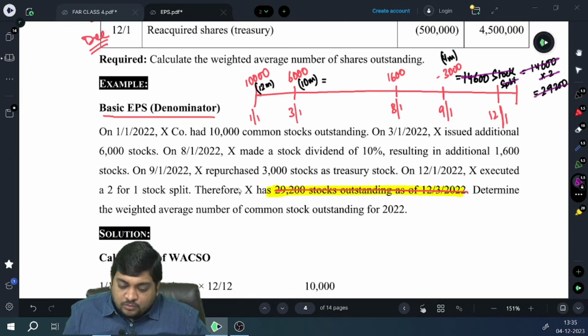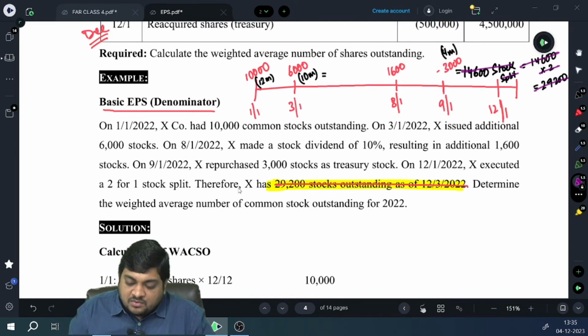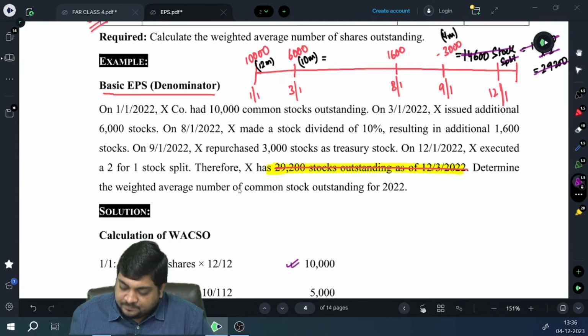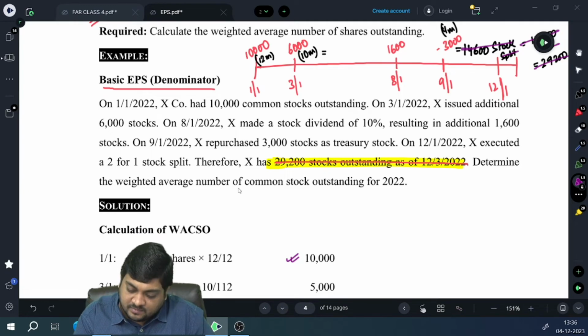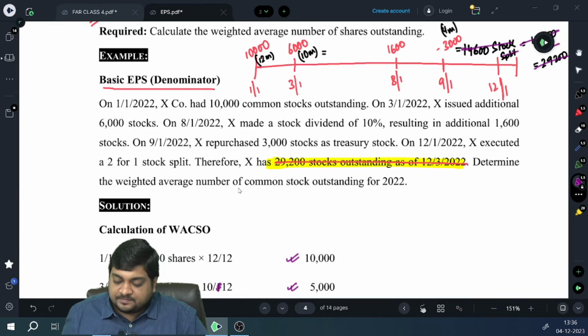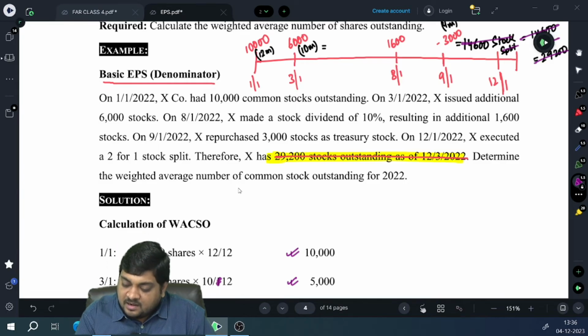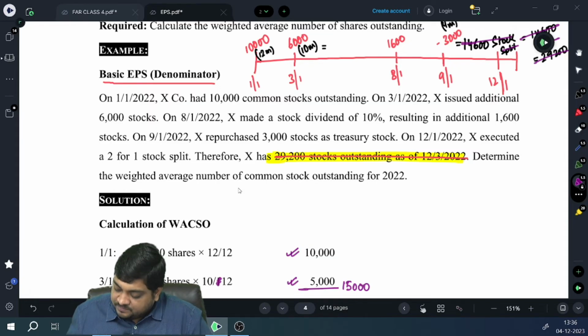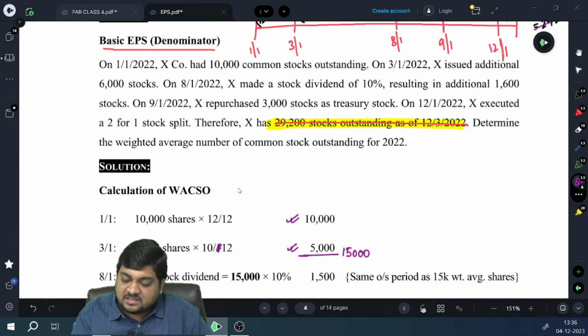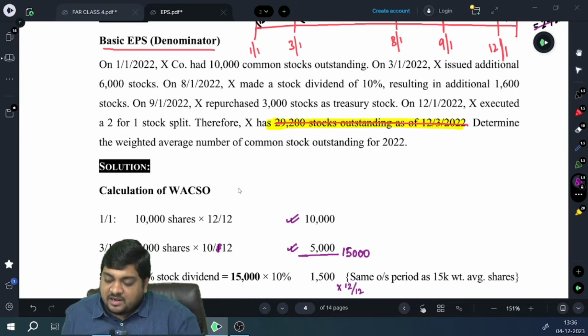So what do we need to do? First we need to consider it for 12 months, 12 by 12. This is 10 by 12. Now what is the weighted average number? 15,000. 10% of this, for 12 months, 12 by 12, will be 1,500 only.